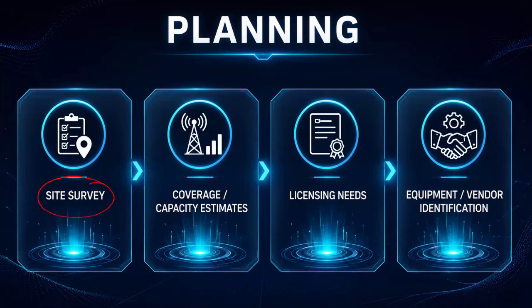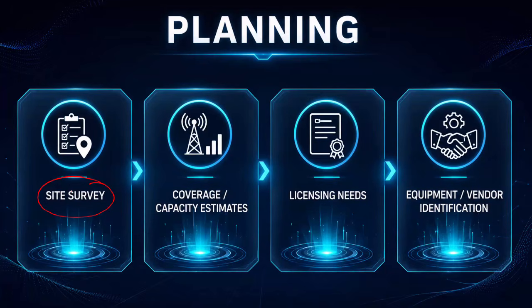We need to understand the physical environment: the building size, number of floors, wall materials, ceiling heights, and equipment locations. We have to understand where coverage is required and where it is not required, as there may be some restricted areas, and where coverage is critical or less critical. We learn this from the site survey.